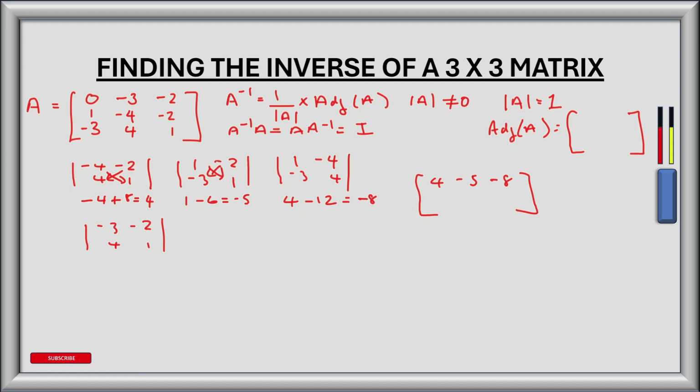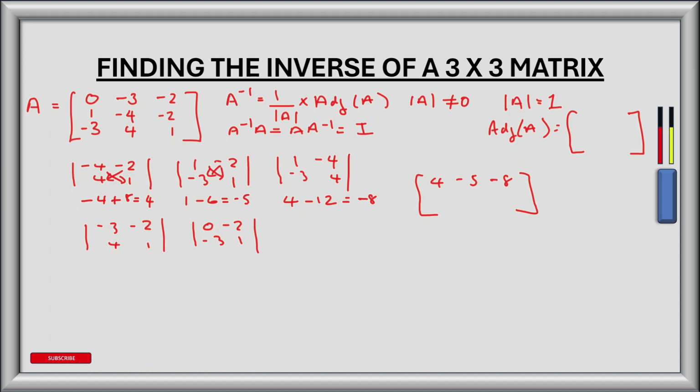And then element -4, which is in the middle, we're left with 0, -2, -3, and 1. And then finally, row 2, column 3, which is -2.